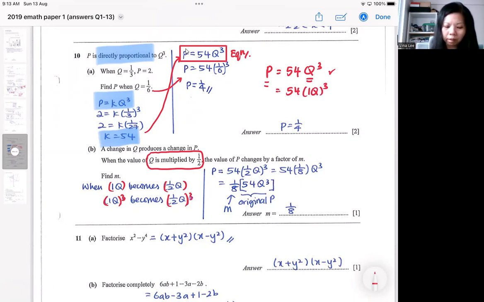So when I cube both sides, in a way, this one will be the new value of Q.